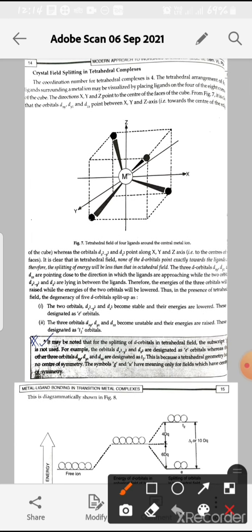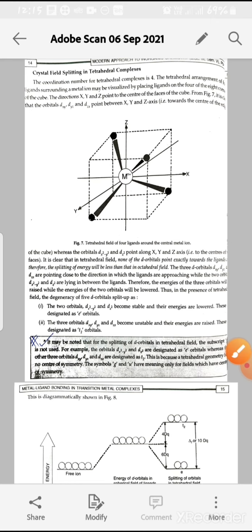These ligands can be written at these positions: 1 ligand, 2 ligand, 3 ligand, and the 4th ligand in this direction. At these positions also there will be an arrangement of 4 ligands around the central metal ion. So we will represent 3 axes: the x-axis, y-axis, and z-axis.